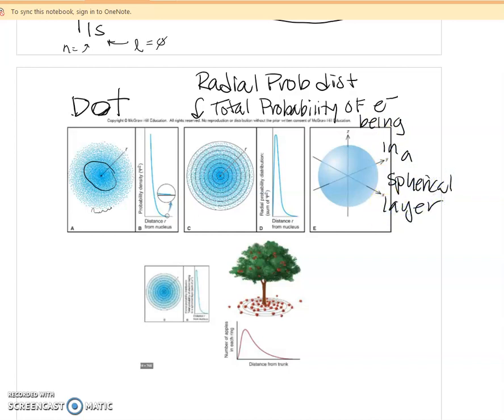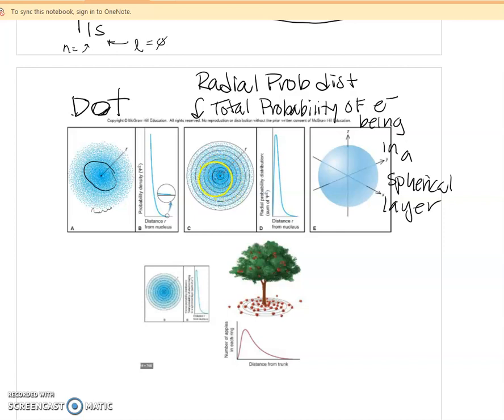Okay, so what does that mean? So if we were to take the whole atom and break it up into spherical shells, so like these rings, it's very much like an onion, so layers in an onion. What we see, if we look inside these circles, is the probability of where that electron would be inside those circles.